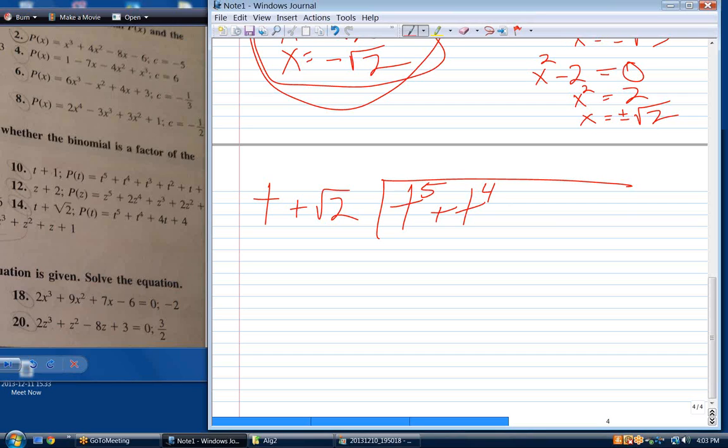You have to account for the missing exponents of t. Notice there's no t cubed and there's no t squared. So I'm going to put dummy variables, is what they're called. And then we have a plus 4t and a plus 4.